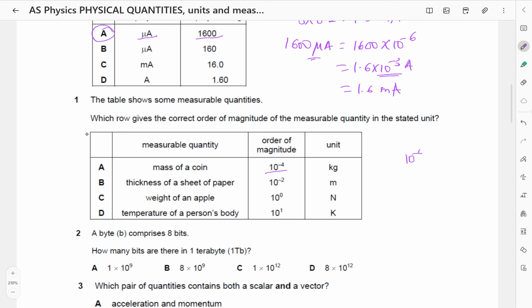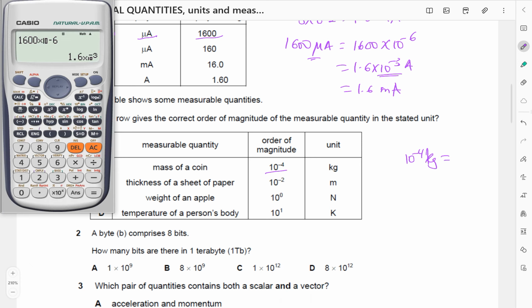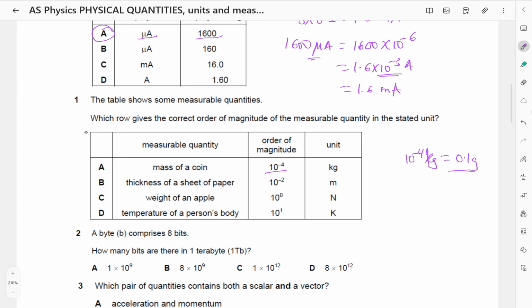This is the same as, we can multiply by 1,000, 0.1 gram. This is too small. That coin cannot exist, 0.1 gram.